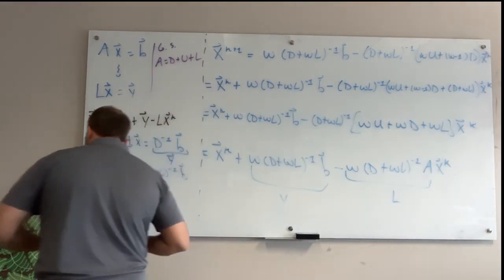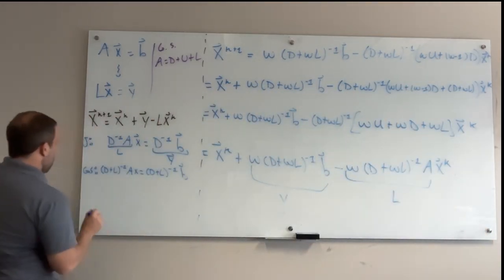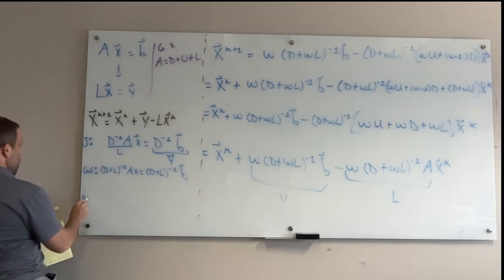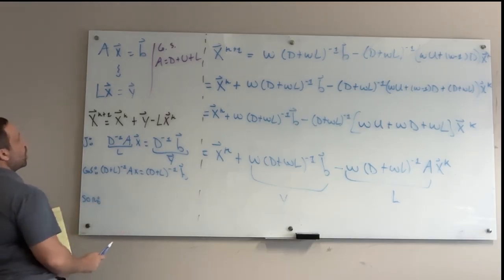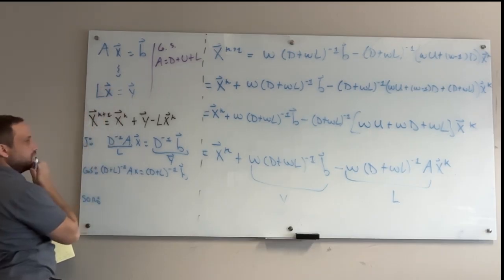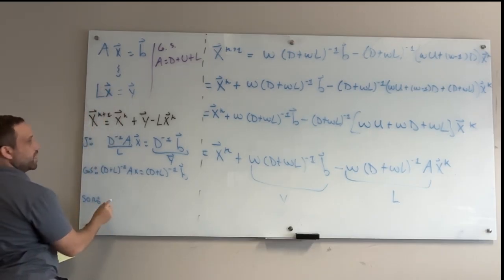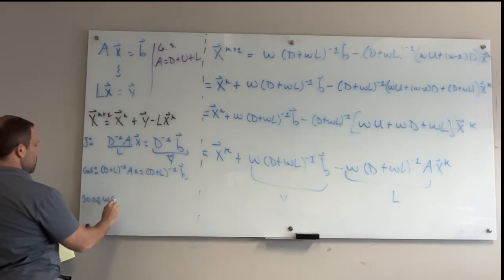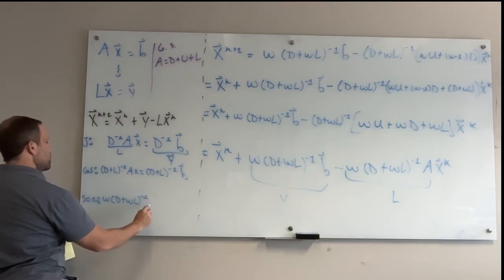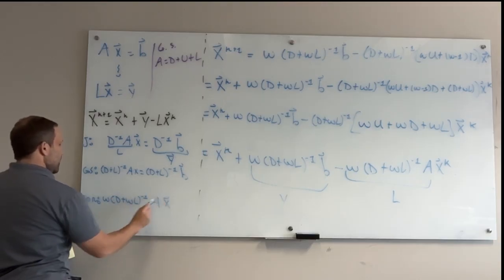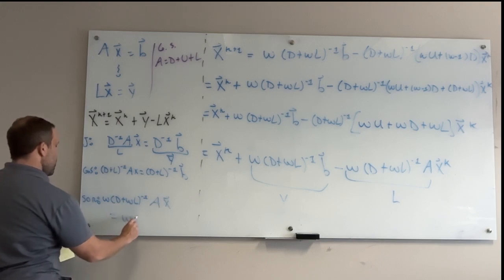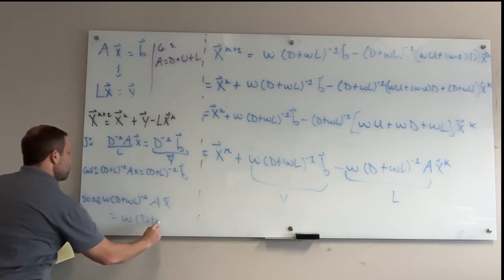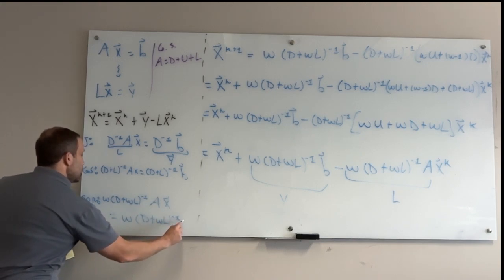So what this tells us is that for SOR, one way, not the only way, but one way we can conceptualize what's happening is that we take Ax and precondition it to get omega times (D plus omega L) inverse Ax equal to omega times (D plus omega L) inverse b.